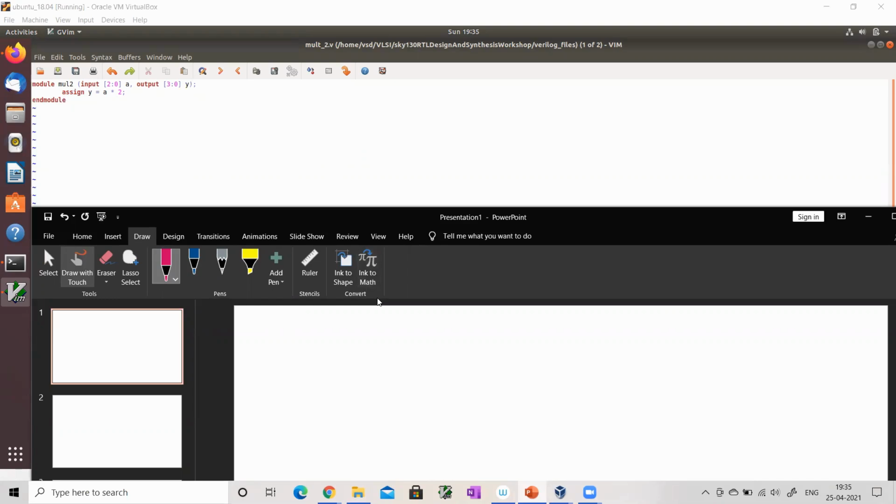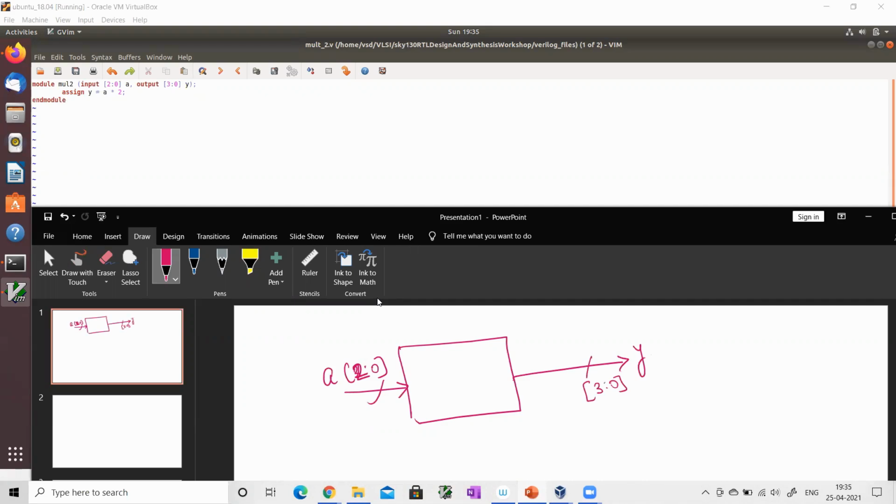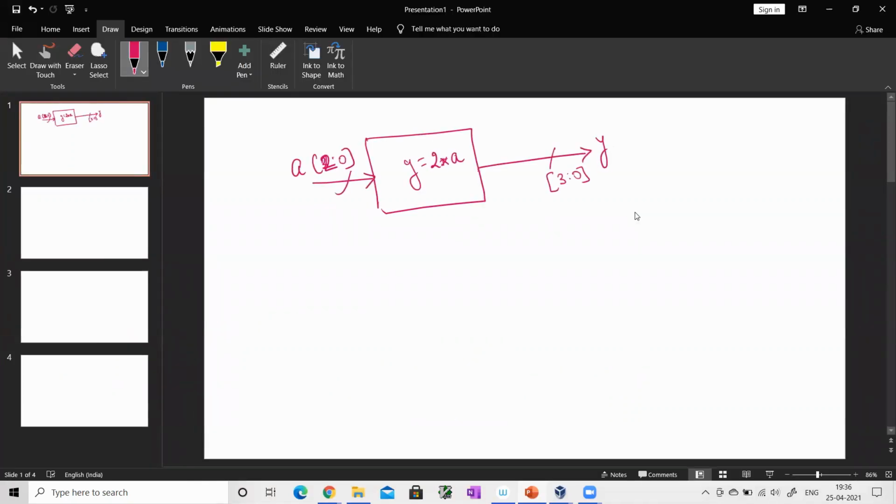It is accepting a 3-bit input called A, so [2:0], and it is generating a 4-bit output called Y. The relationship between Y and A is Y equal to 2 into A. This is the relationship. So first, let us look at this relationship for an instance.